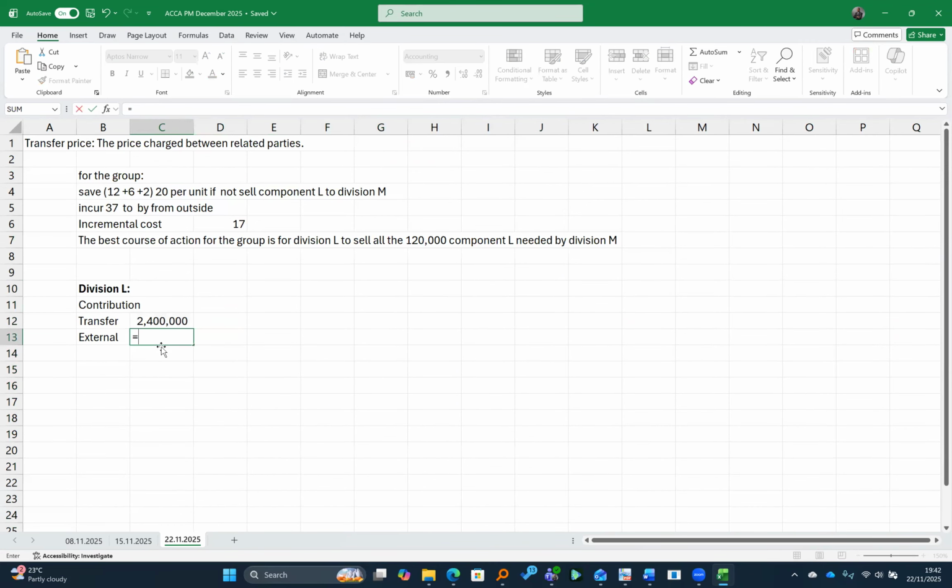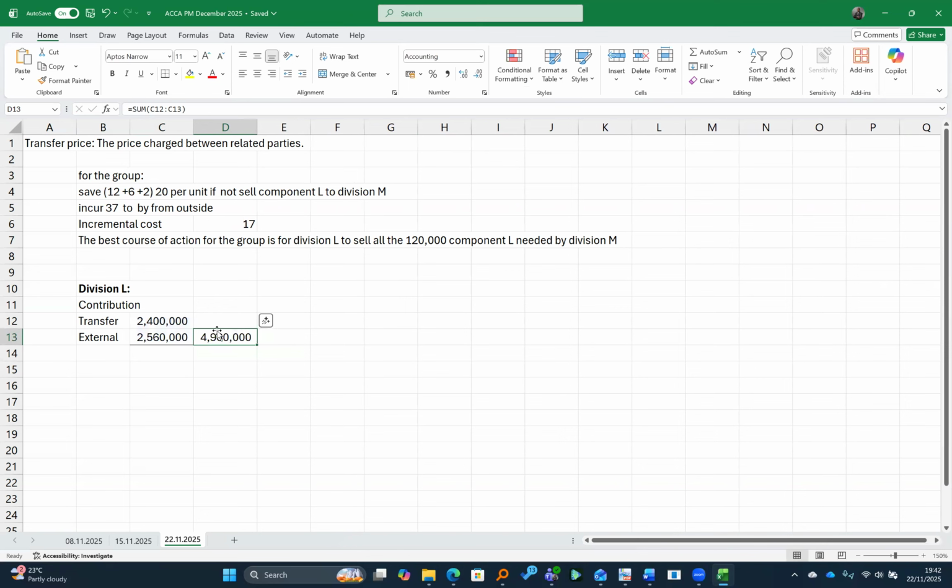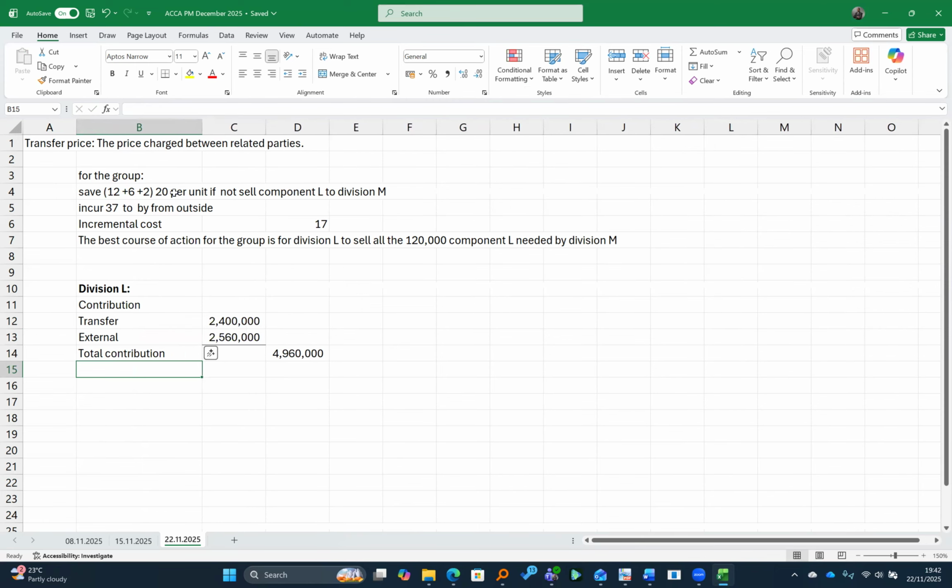But for the external, they will be having 160,000, multiply that by 16. So that is the contribution, which gives us 4.96. So this is the total contribution.